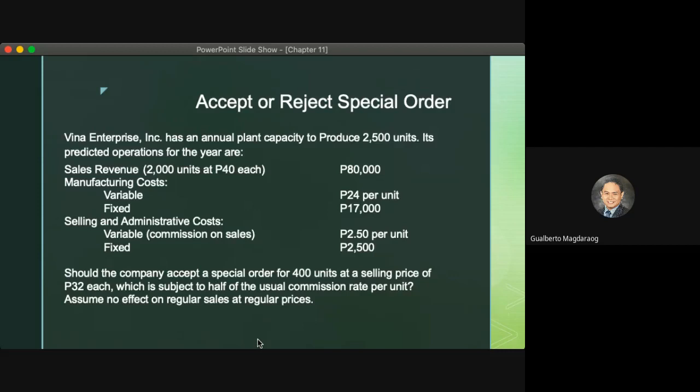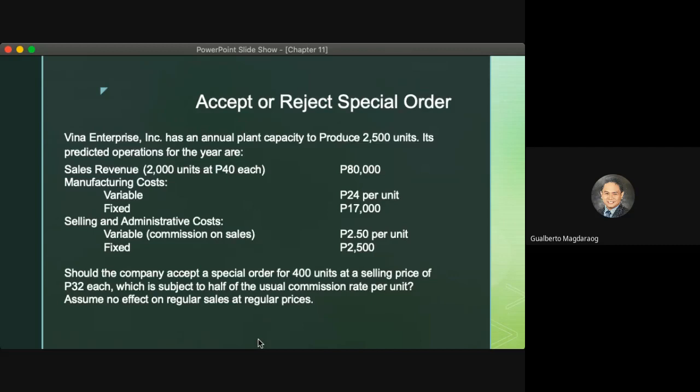Pero sinabi naman sa problem na hindi 2.50, kalahati lang, half of the usual commission rate, and that is 1.25 each. Kaya, ang total incremental profit na pwede nating ma-earn sa additional order na 400 units is 2,700.